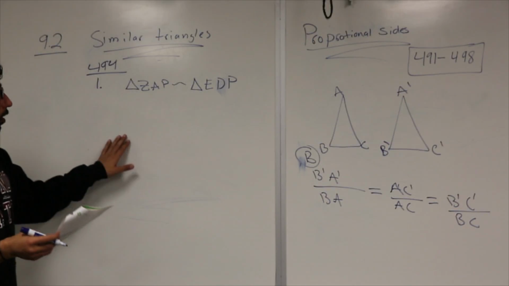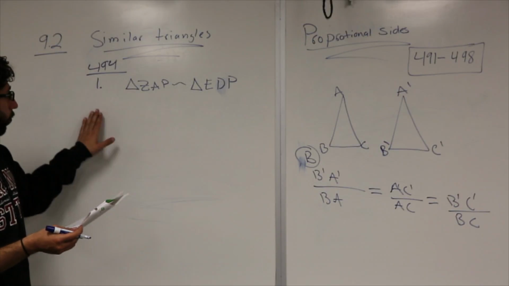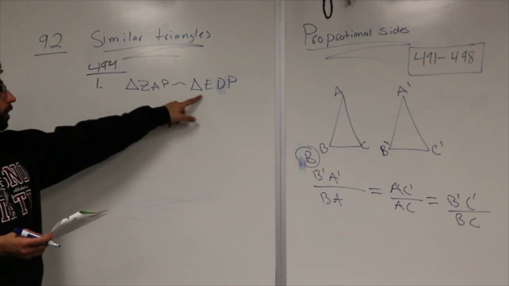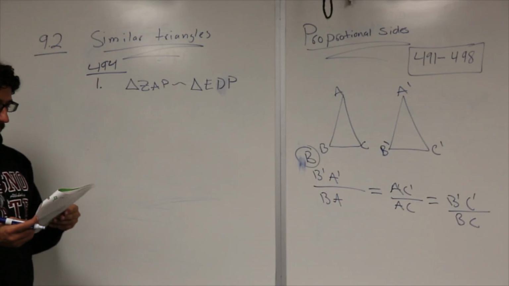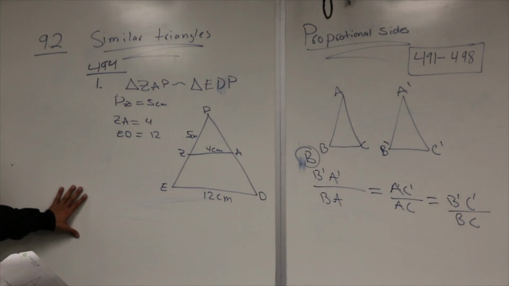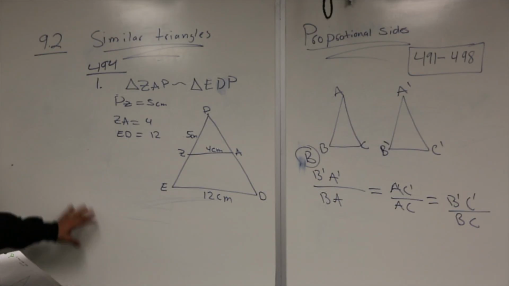So write that on your paper. You don't have to write that down, it's already there. It says 1, given triangle ZAP is similar to triangle EDP. Alright, this is question 1, written out exactly what you have on your paper.